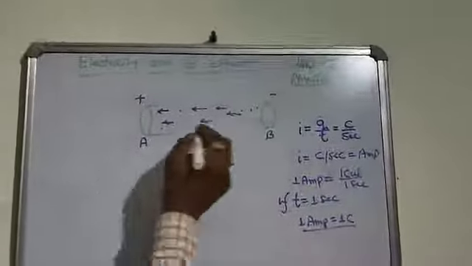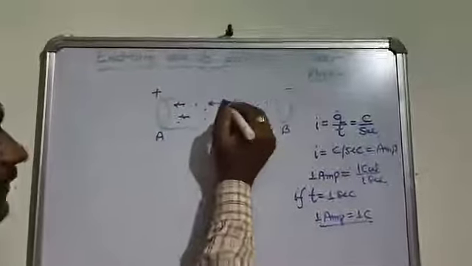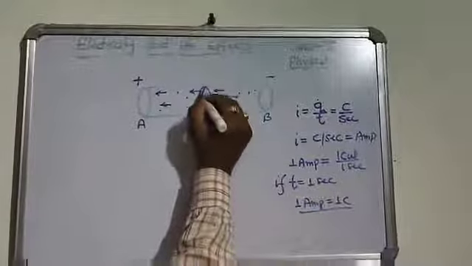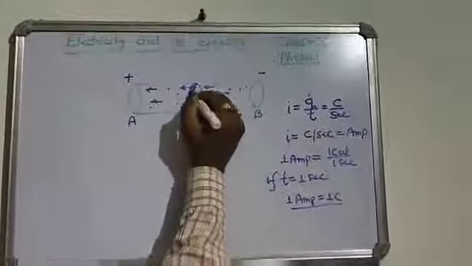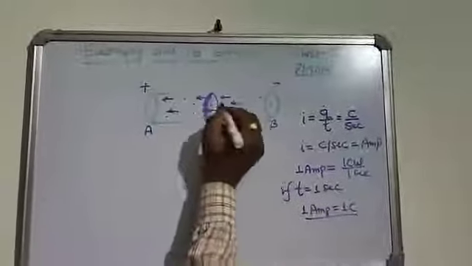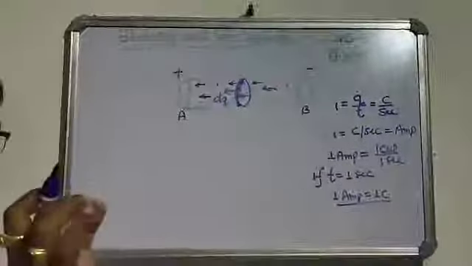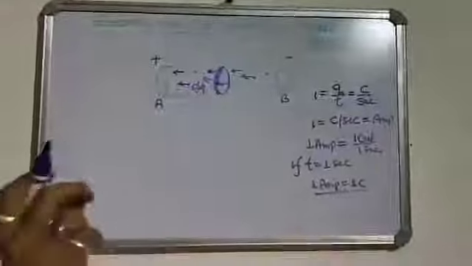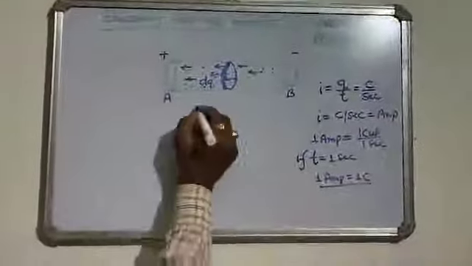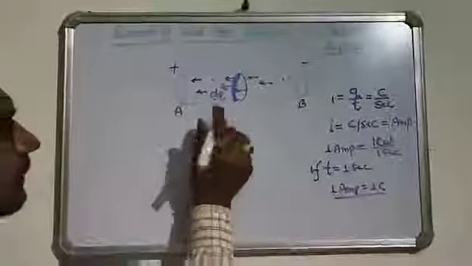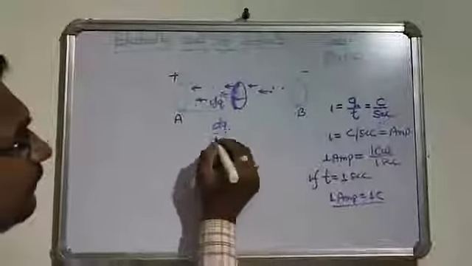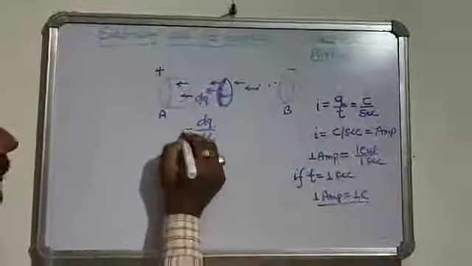Or in another way, suppose this is a small segment of wire. In this wire, delta Q means small charge, dq means very, very small charge. So a very, very small charge passing through a very minute time is called current.